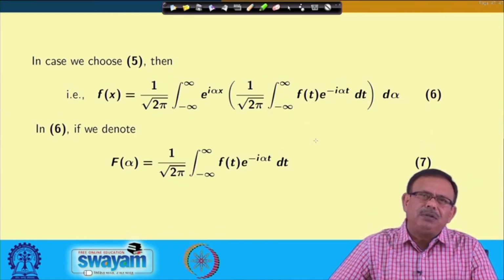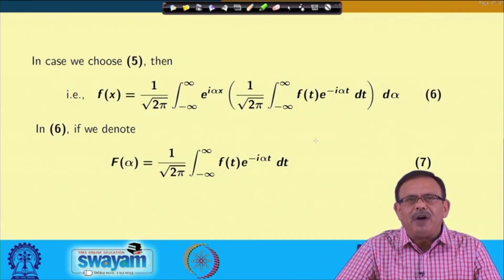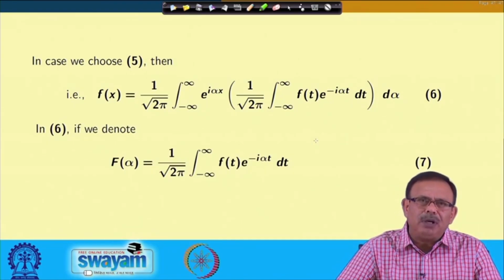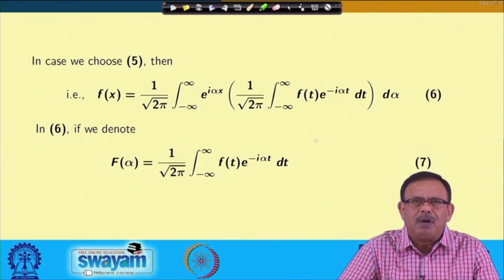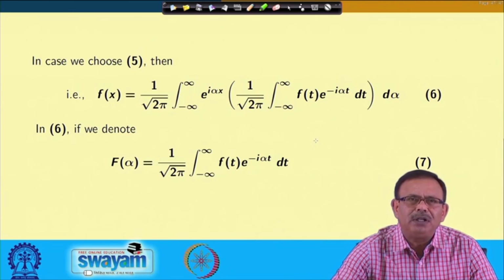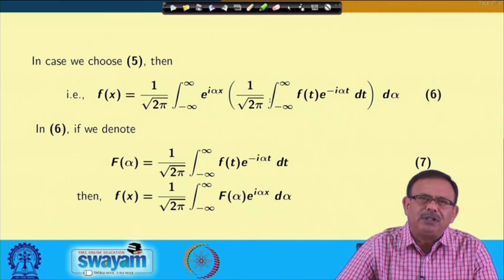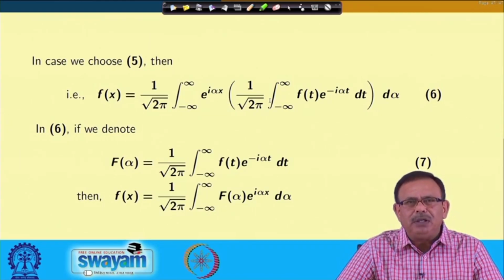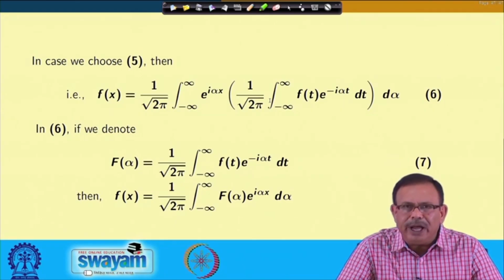Now, in 6 we are denoting capital F(alpha) equals 1 by root 2 pi, minus infinity to infinity f(t) e^(-iαt). In that case, you can write f(x) equals 1 by root 2 pi, minus infinity to infinity F(alpha) e^(iαx).